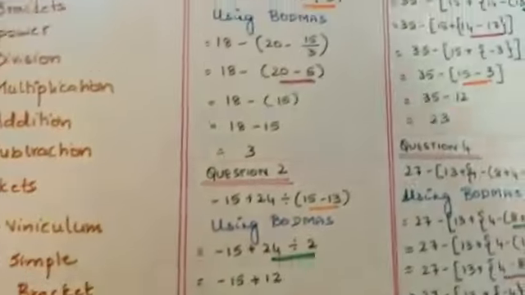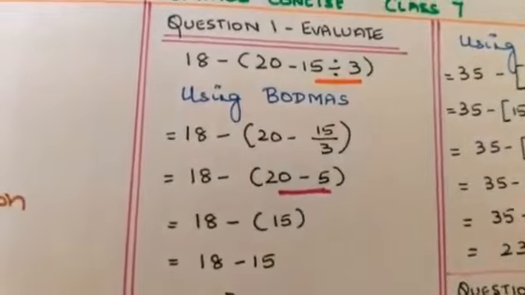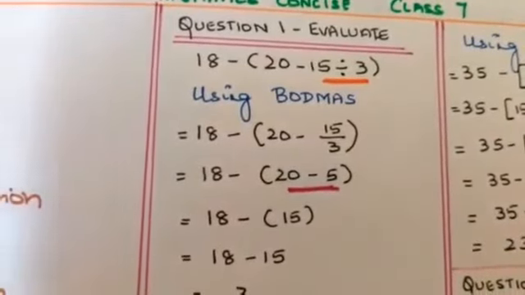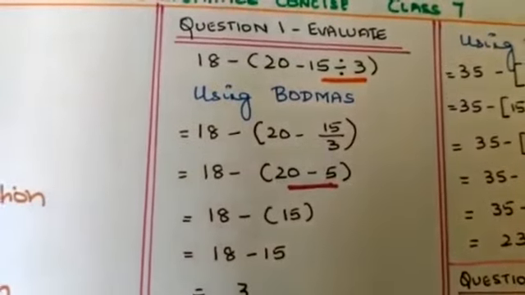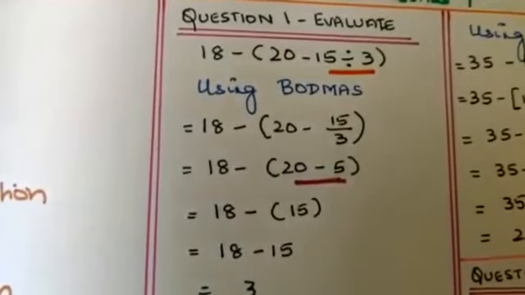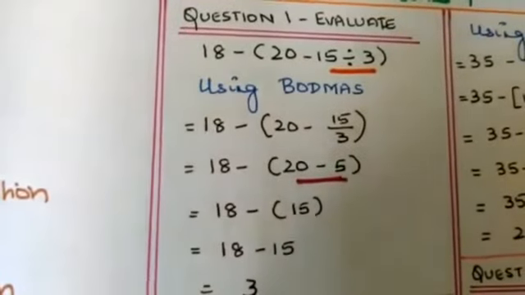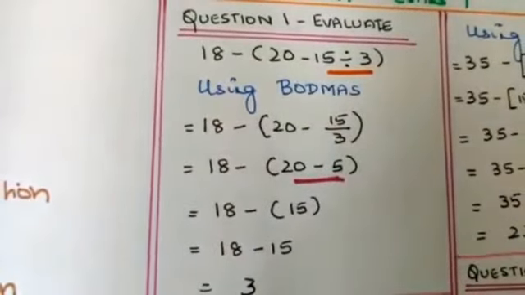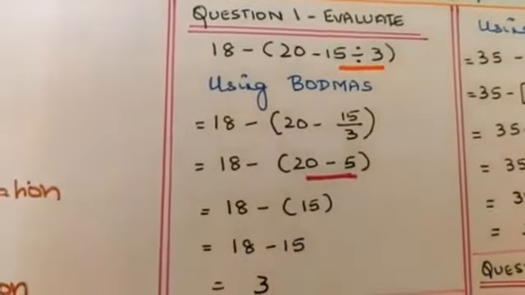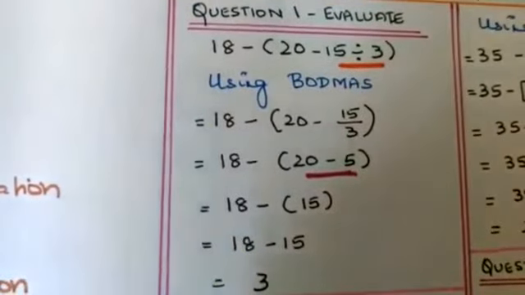So let's move on to question 1, which says evaluate 18 minus (20 minus 15 divided by 3). Because we have brackets here, we need to first solve the brackets, and there is only one type of bracket used, the simple bracket, and inside the brackets we have two operations.